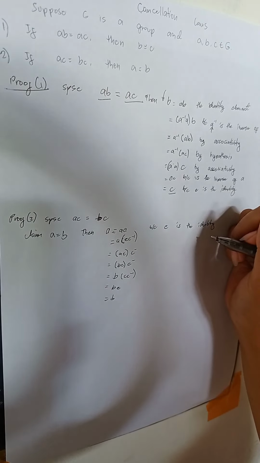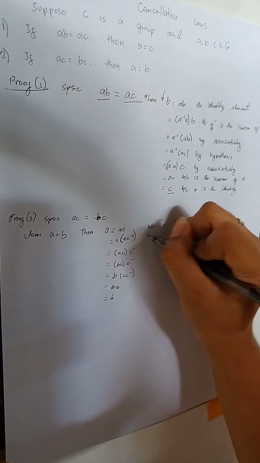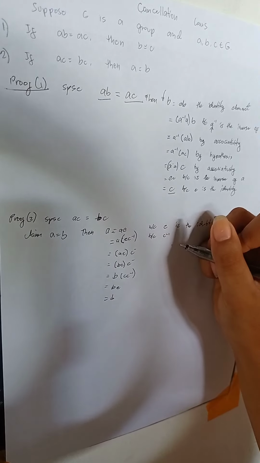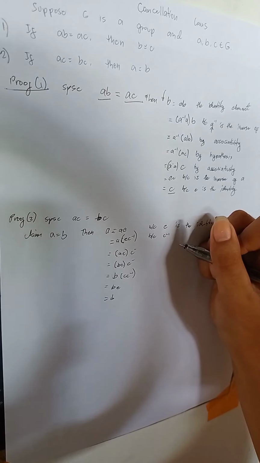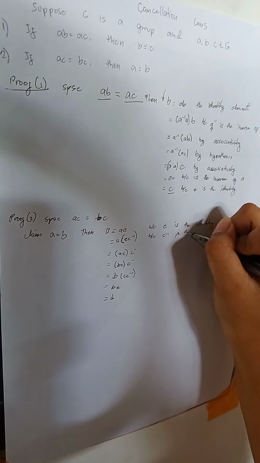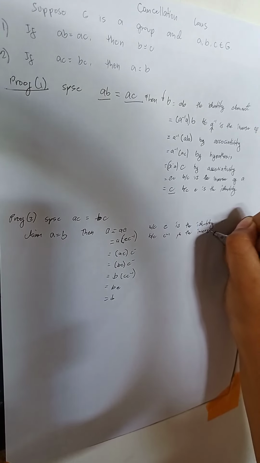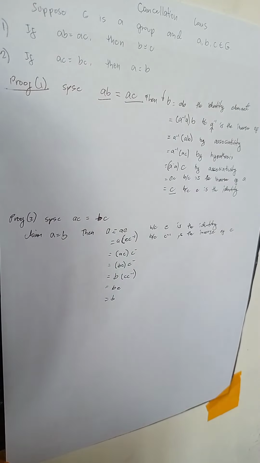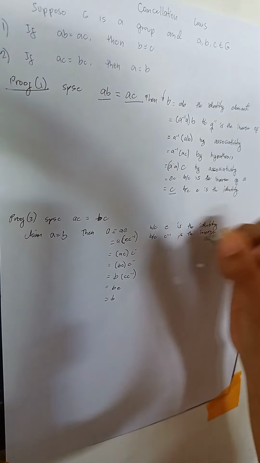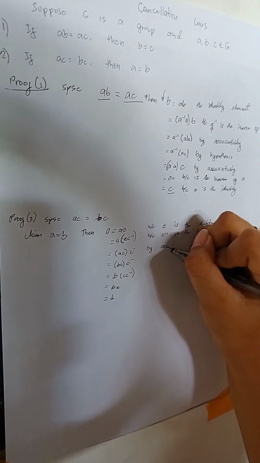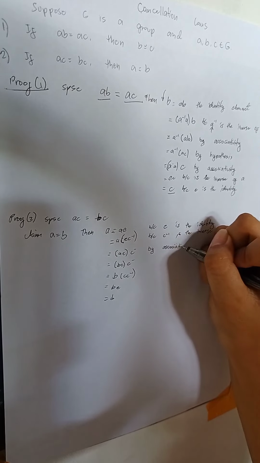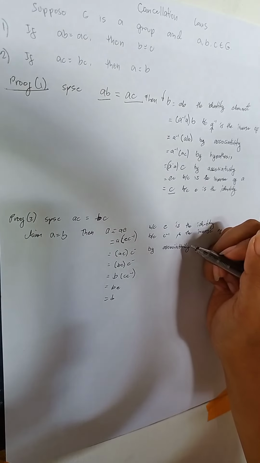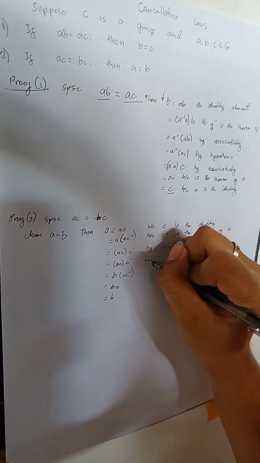The second step was because C inverse is the inverse of C. The third step was by associativity. The next step is by hypothesis.